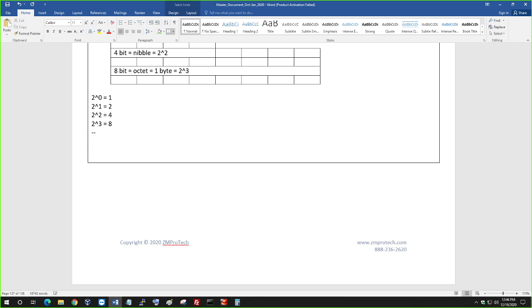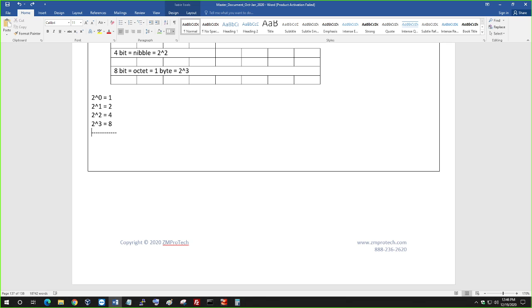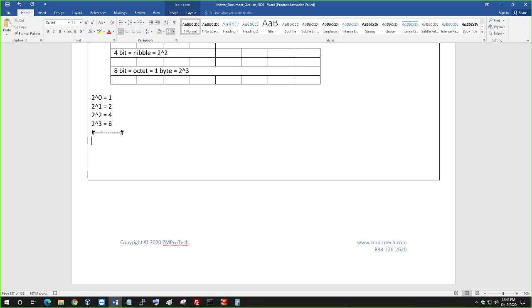Okay, so here we're going to kind of stop. So if you do 2 to the power of 10 equals 1024. Okay, so that equals 1 byte.